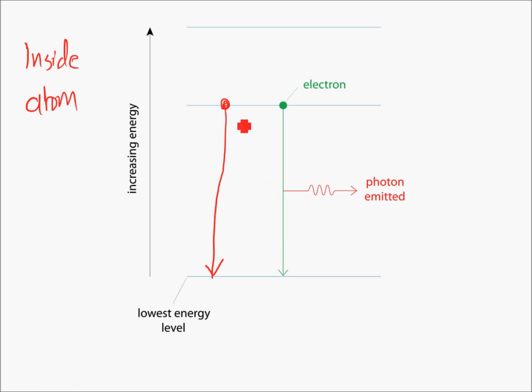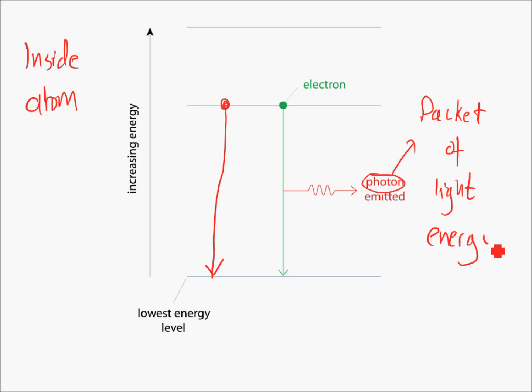The amount of energy lost corresponds with the difference between these energy levels, and when it loses that energy by falling from a high energy level to a low energy level, it emits a photon. What's a photon? A photon is a little packet of light. So it's a packet of light energy.